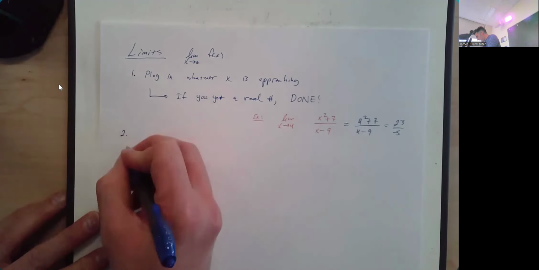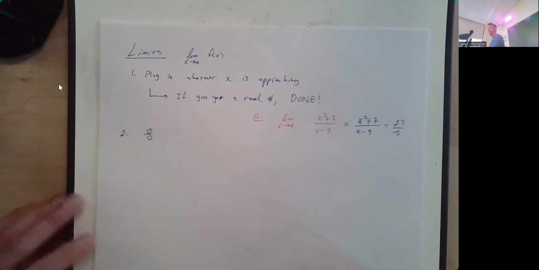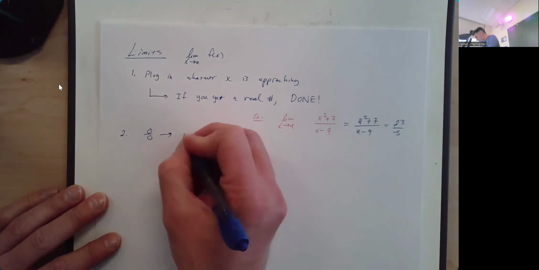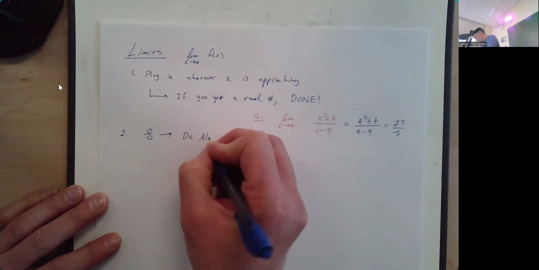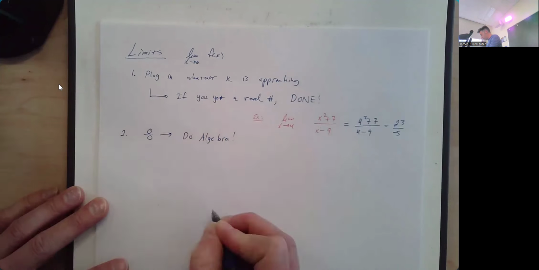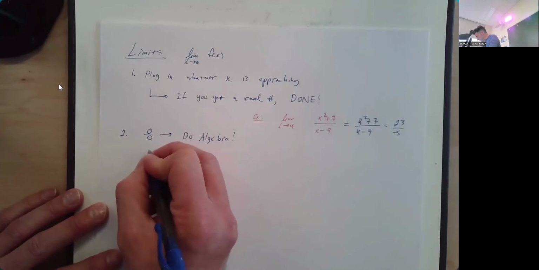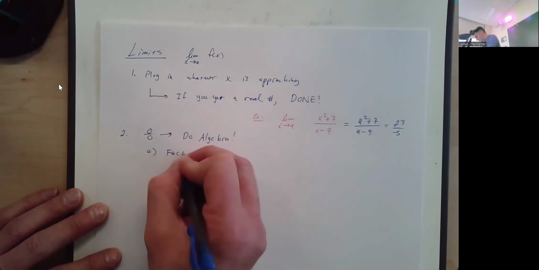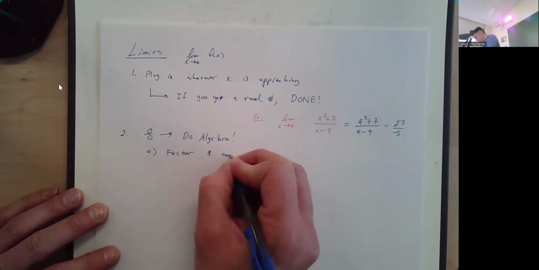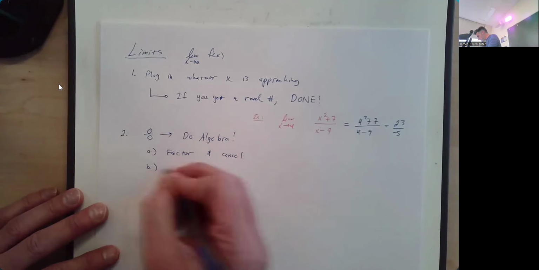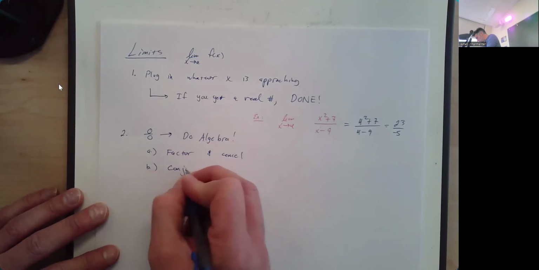So if you get 0 over 0, there's a few things to do. Typically, what I say is we do some algebra. You can either try to factor and cancel. Or if you see a square root, use a conjugate.